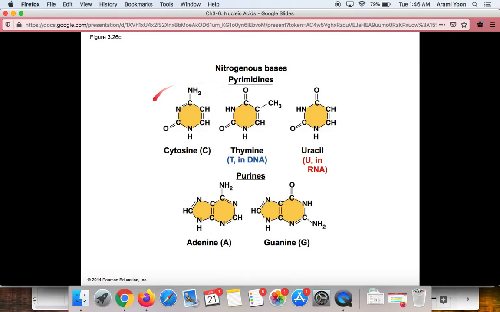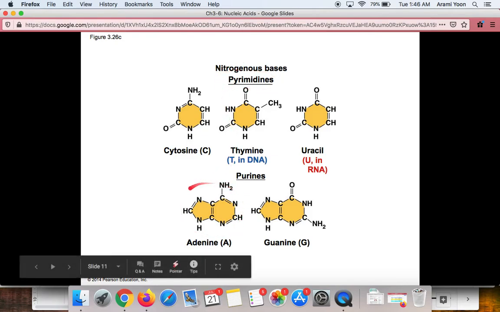And these 3 in particular are known as the pyrimidines. Over here, you have adenine and guanine, so those are our last 2 types of nitrogenous bases. And notice they have a double ring fused structure. So this is a double ring nitrogenous base. And these 2 are known as the purines.